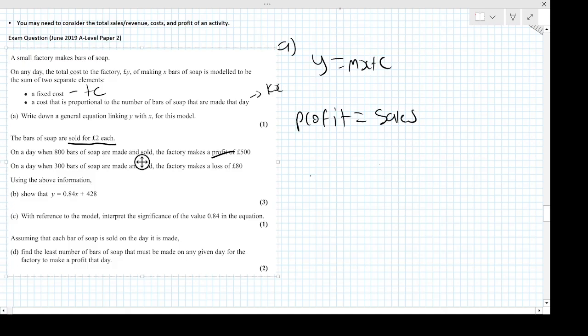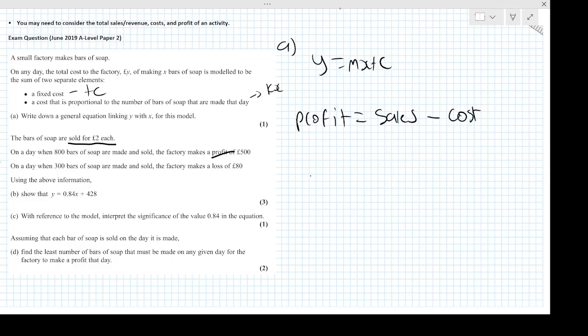So that's how much you sell a product for. Think about a shop: the only way you can make money is if you sell it to a customer. So you get sales minus the cost to produce that thing, so in this case, the cost to make the soap. The remaining money you get left after you sold it and covered everything you needed to make it is your profit, okay? And ideally you want profit to be as big as possible to make it a lucrative company.